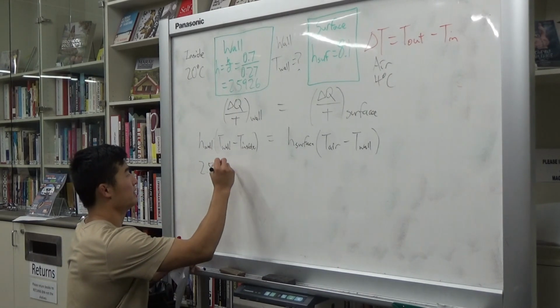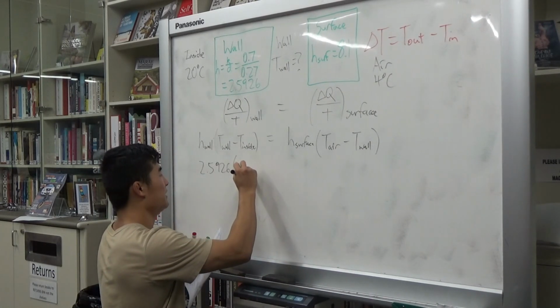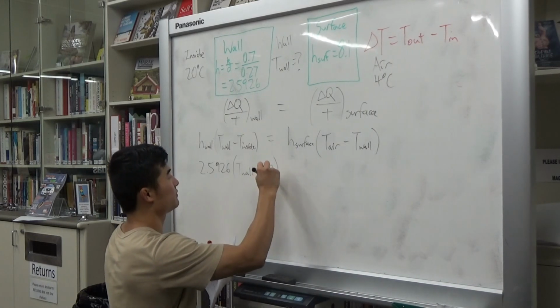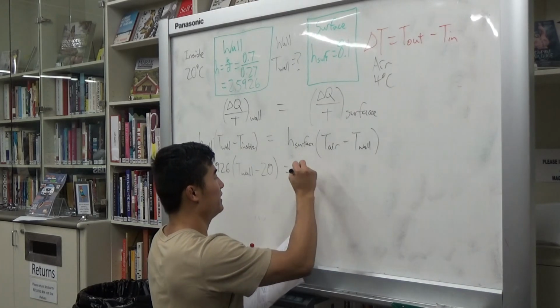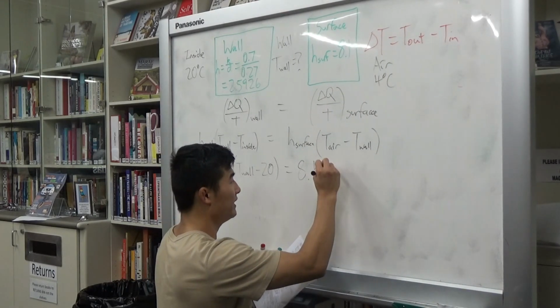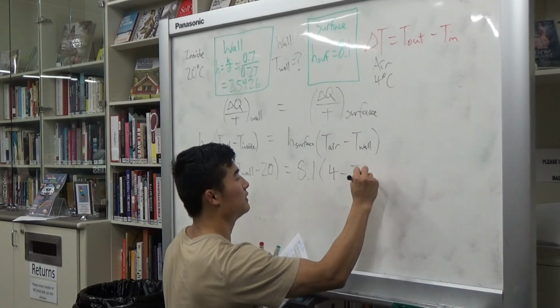So that's 2.5926, and T wall is unknown. T inside is 20, and that's equal to H of surface, which is 8.1, times T of air, which is 4, minus the T of wall.